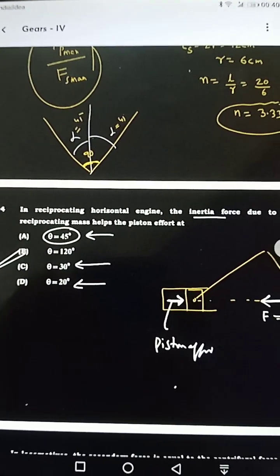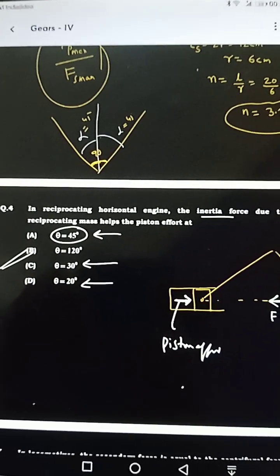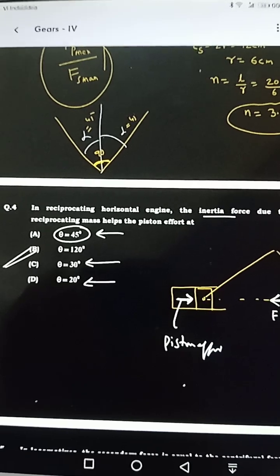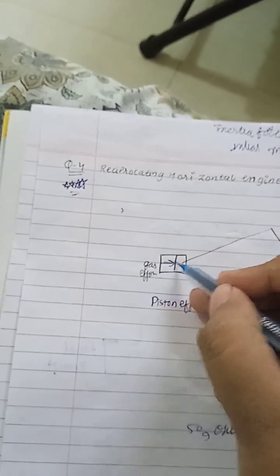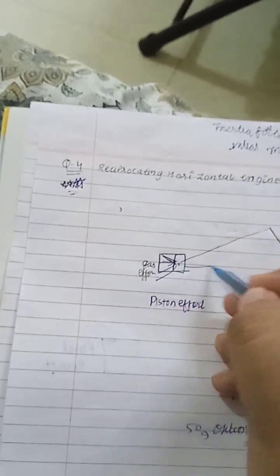In a reciprocating horizontal engine, the inertia force due to reciprocating mass has the piston effort at. Actually, what is a piston effort? The direction of piston effort is, it tries to move the piston in that direction.